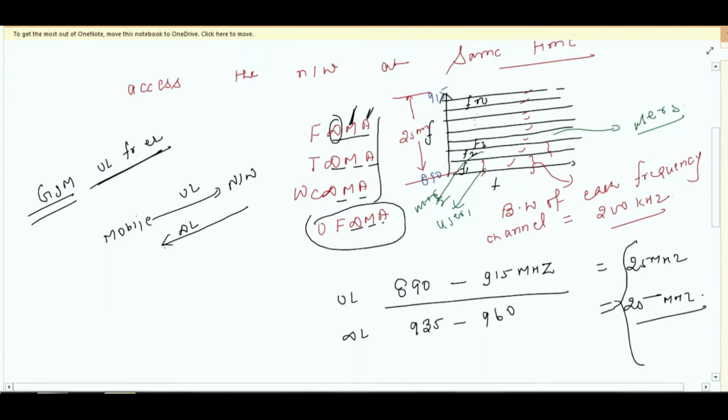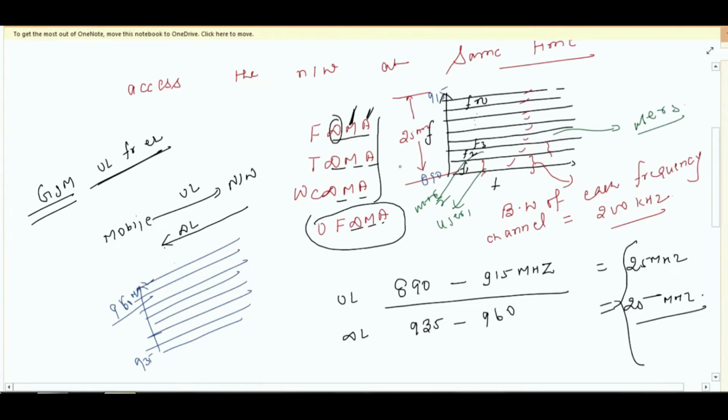But the range 890 to 915 is only the uplink channel, where you can only transmit. So the user needs one downlink channel too. That downlink channel will range from 935 to 960 megahertz. And again, by applying the same FDMA concept, you have the number of channels. So the user will take one uplink channel and one downlink channel.